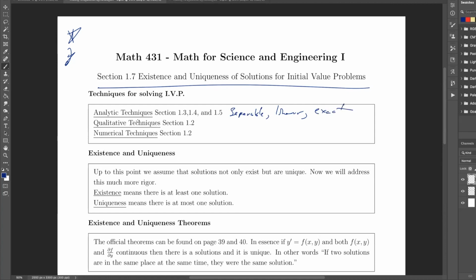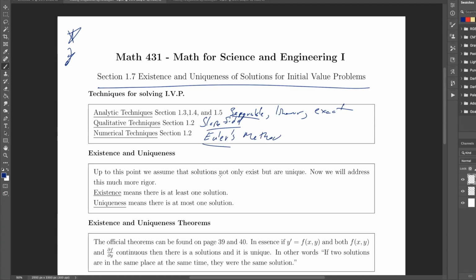If we have a separable, linear, or exact equation, we learned an analytical technique, something we could just write down an answer to. Here we did slope fields, or direction fields, for a qualitative technique. And for a numerical technique, we learned Euler's method. If you recognize for the project, you're going to have to do separable, slope field, and Euler's.